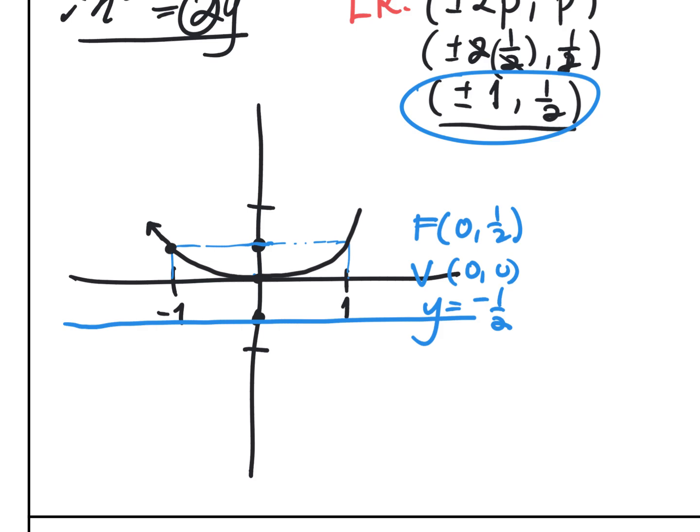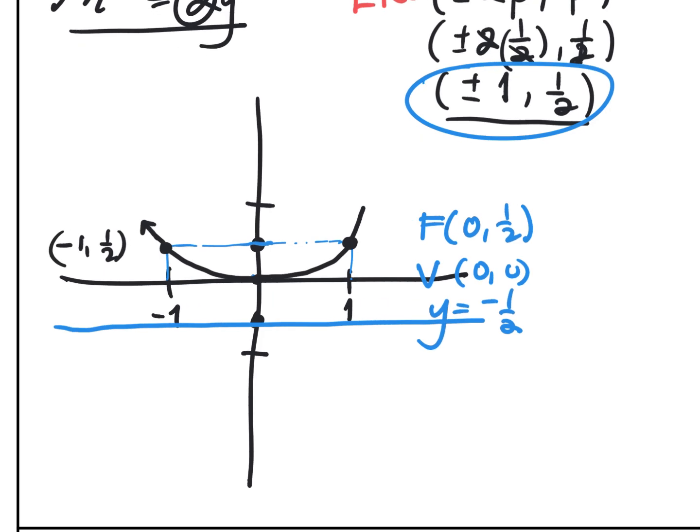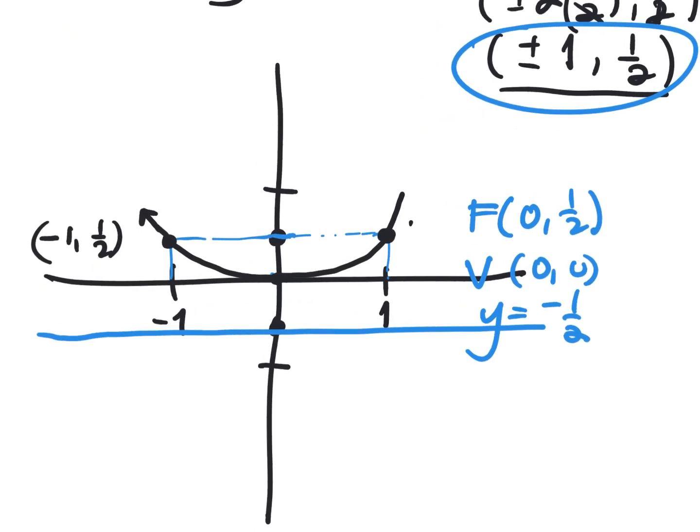So these are your coordinates. On the left side you have your coordinates for -1 and then 1/2 of your latus rectum, and on the right side you actually have your +1 and then 1/2.